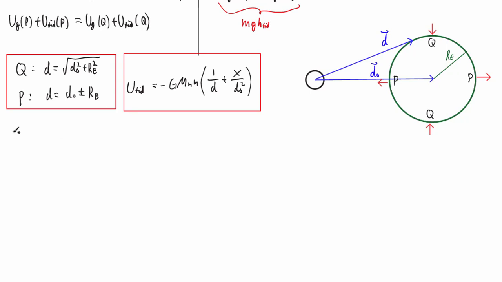And now let's just do the calculation. And this 0 comes from picking the origin at the center of the Earth, which is convenient.